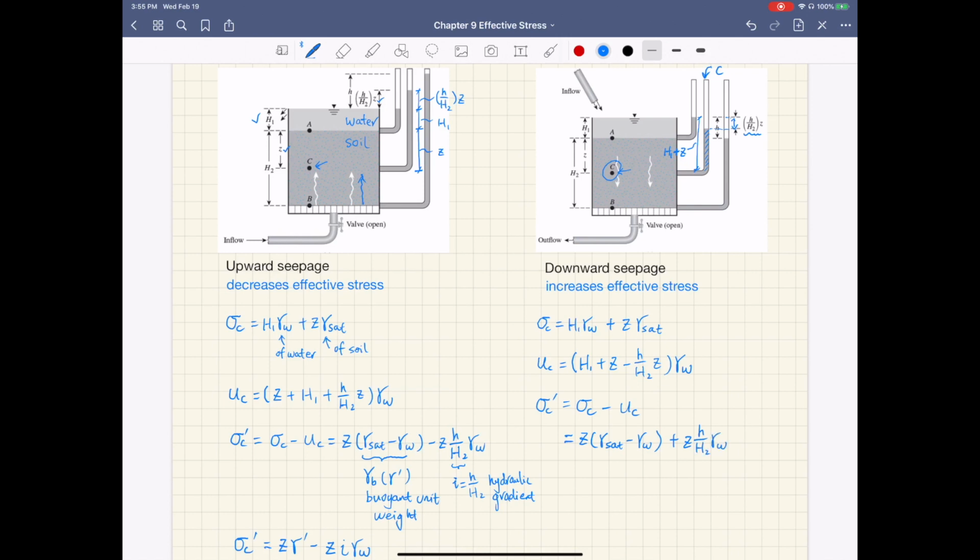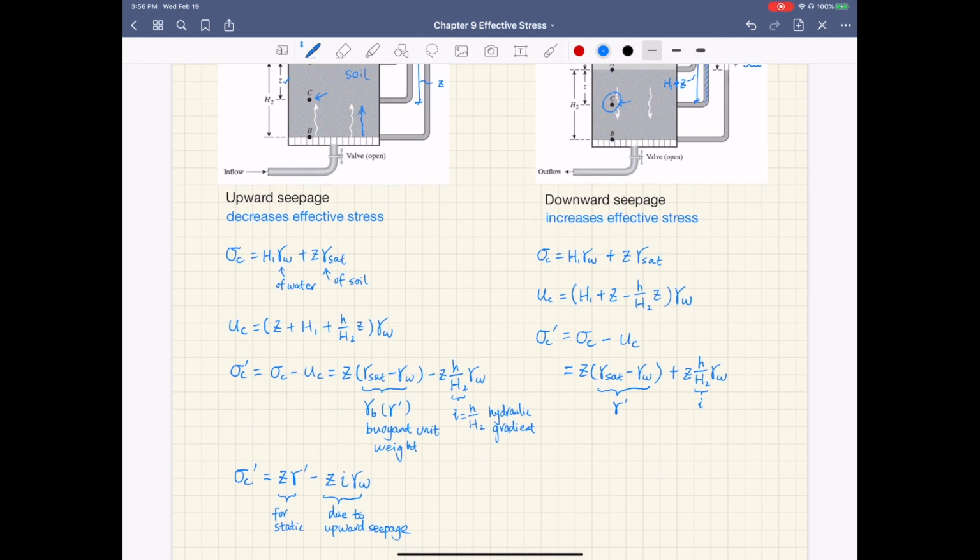Again, using buoyant unit weight, this is gamma prime, and this h over h2 is your hydraulic gradient. So the effective stress sigma C prime due to downward seepage equals z times gamma prime plus z times i times gamma water. This additional term here is due to the downward seepage.